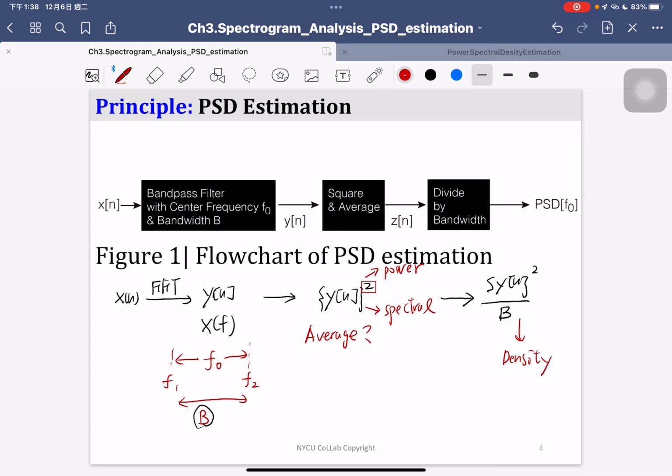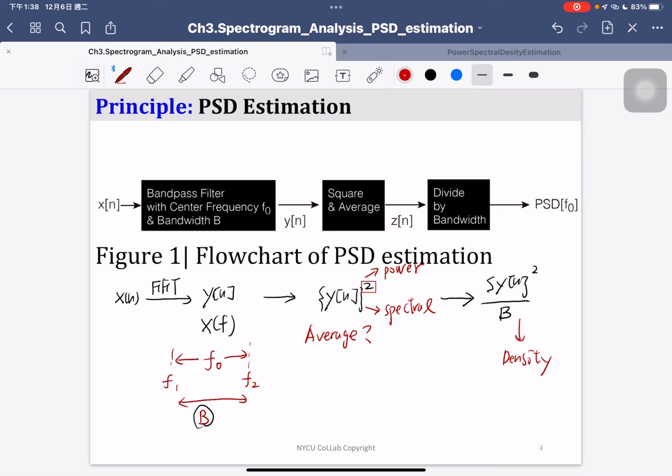Initially I just compute the spectrum amplitude power for the center frequency within the frequency band, and finally I divide by the frequency band, so that will be the density.